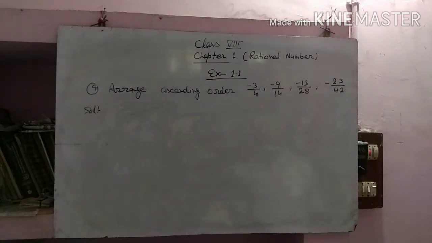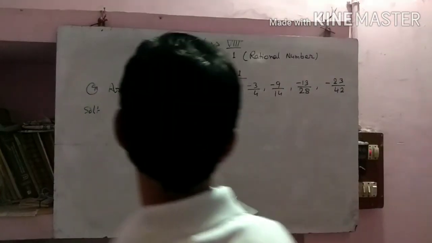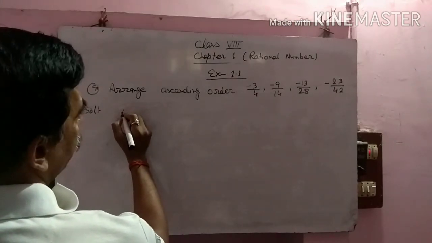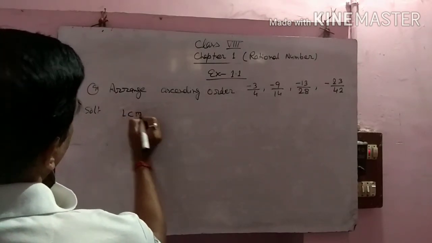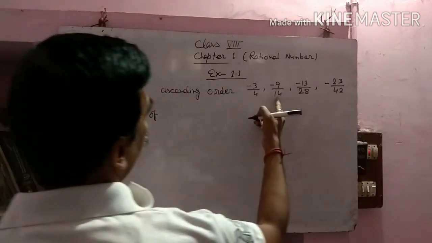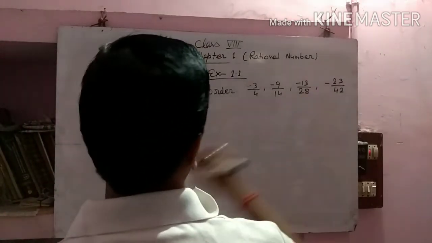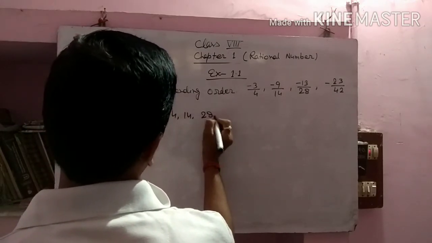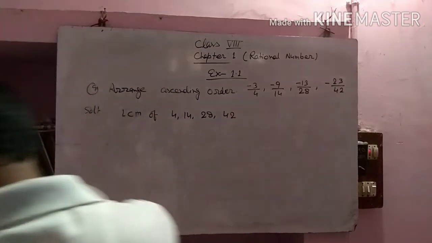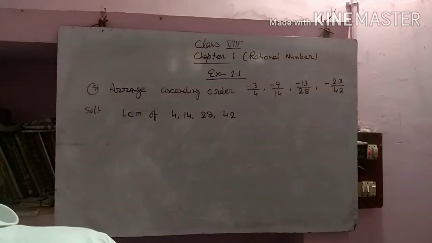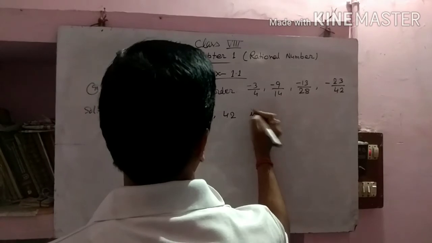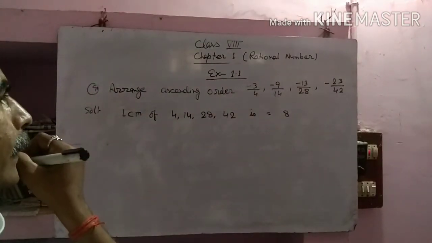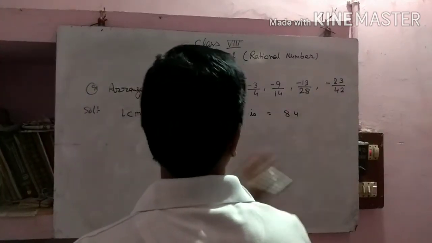Next question is arrange in ascending order. In that case, first of all we have to write the LCM of 4, 14, 28 and 42. LCM of 4, 14, 28 and 42 is equal to 84, I think, 84.